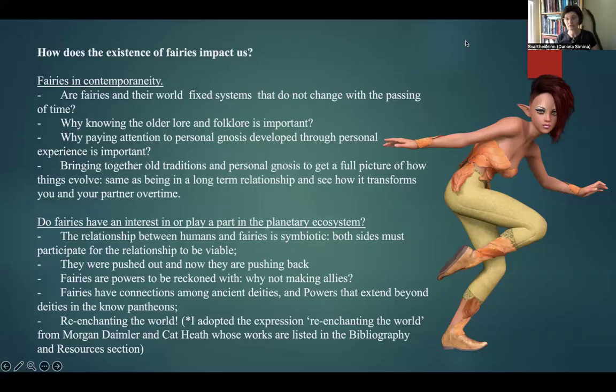Fairies were pushed out. There are countless stories of what happened when the new religion, Christianity, came in. It wasn't Christianity per se that made them leave, but what was preached to the people: to no longer worship other deities, no longer connect with the spirits of natural places. So this alienation from the natural environment, of which fairies are part, made them pull out.